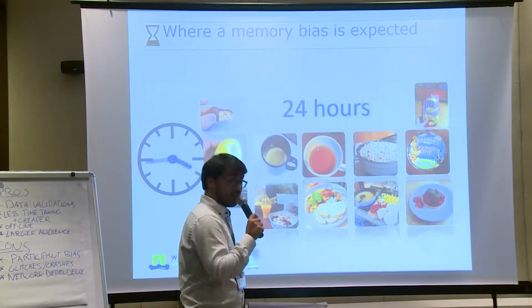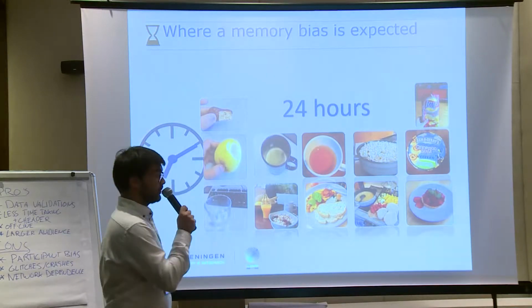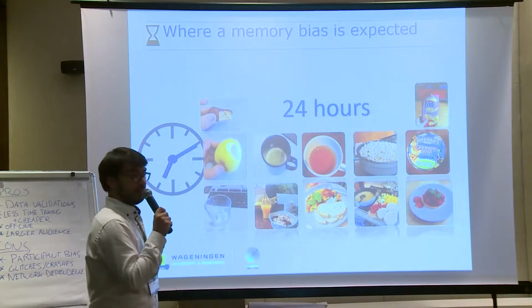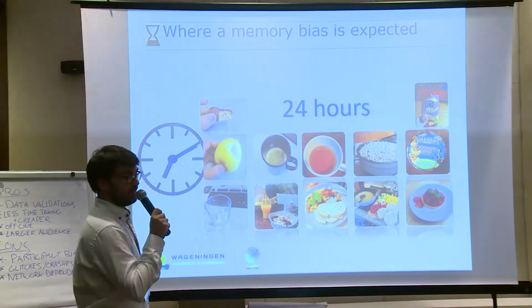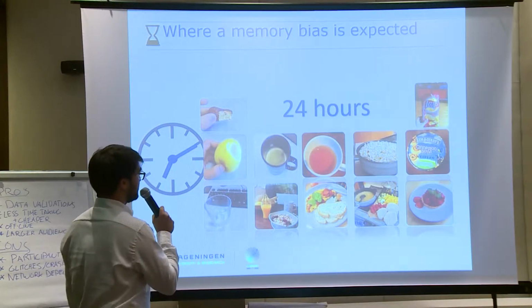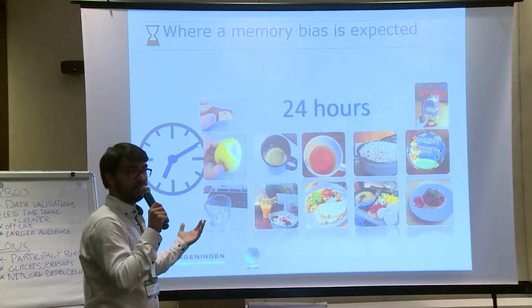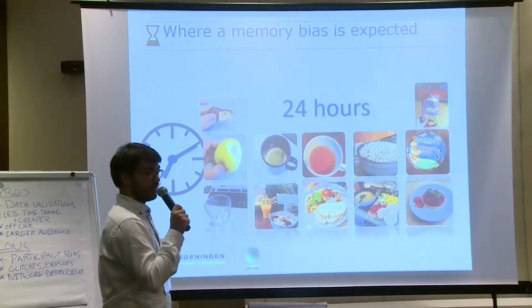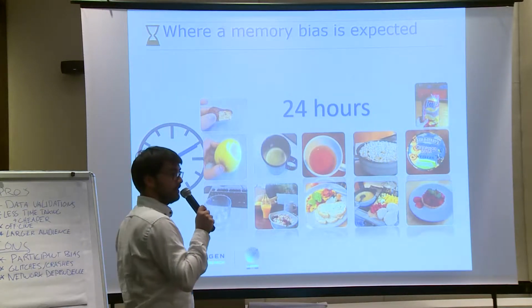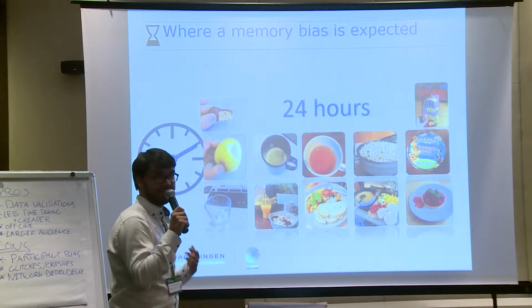Then my favorite one, where there's a memory bias expected. This was my own food consumption during the day. I made a picture of everything I ate. This was actually not everything, it didn't fit on the sheet. So figuring out what you ate the whole of yesterday, or in the last 24 hours, is very complicated. I recently participated in a different study about my relationship to my son, and they did the same thing.